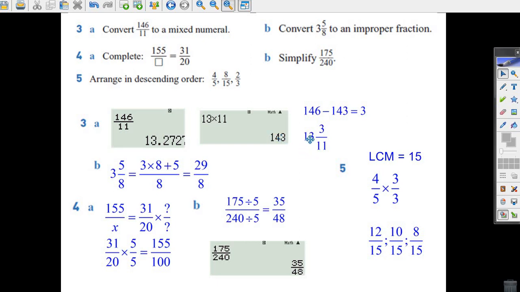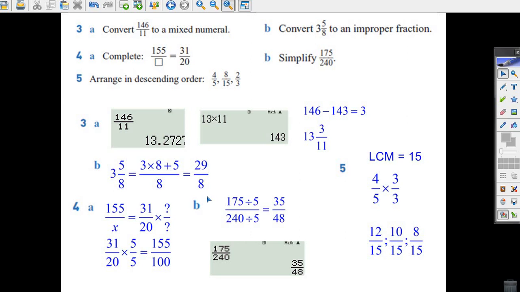So there's 13 groups of 11, and then 146 minus 143 with 3 left over. That's 13 and 3/11. You see, 13 times 11 plus 3, that gives you the 146. Maybe I did that kind of quick, but that's how you go from an improper fraction to a mixed one.